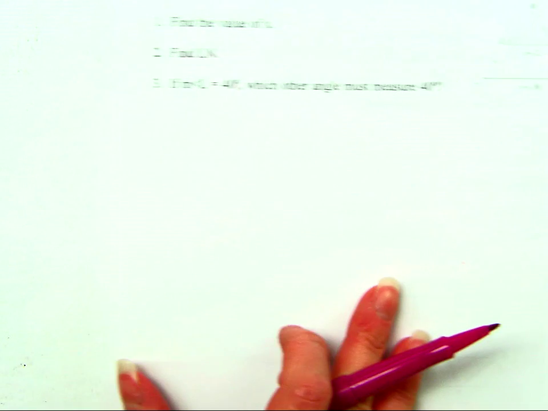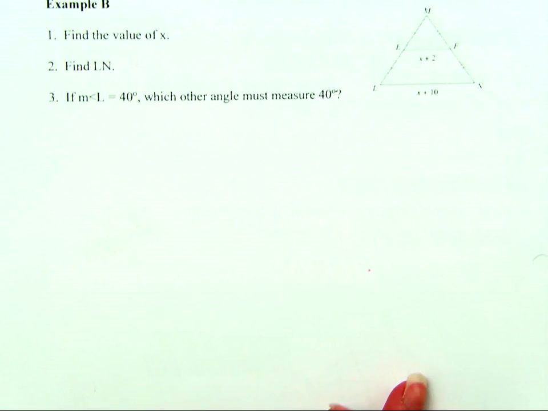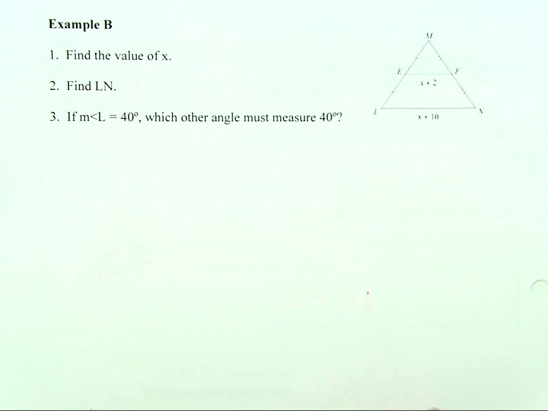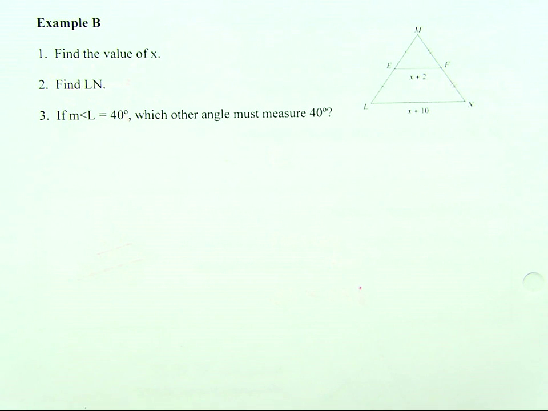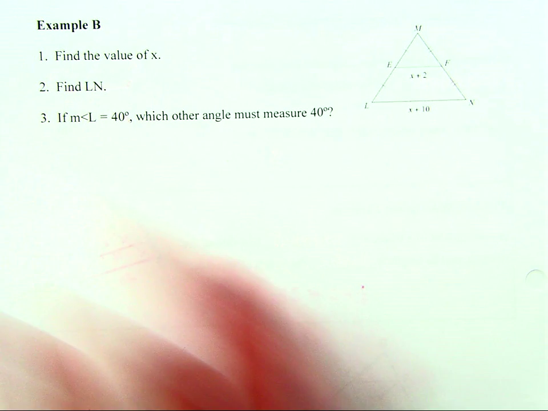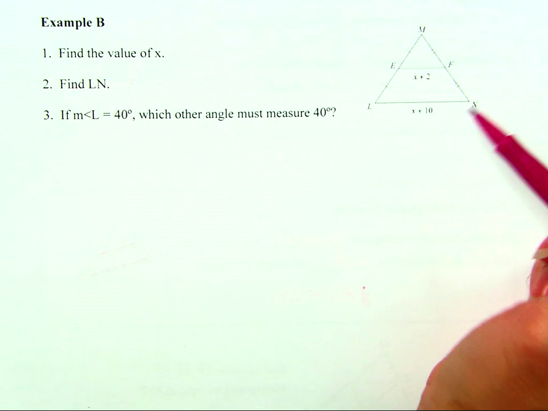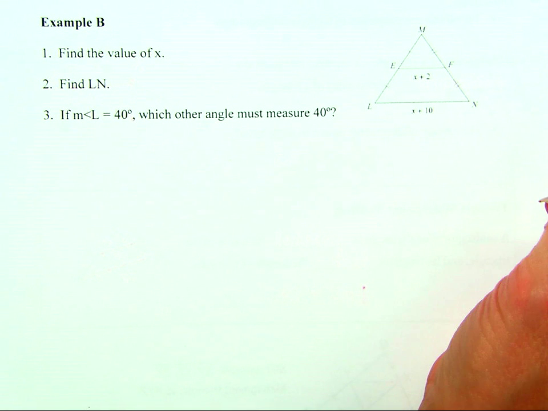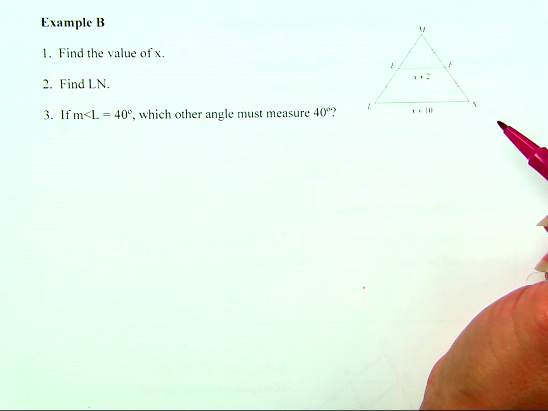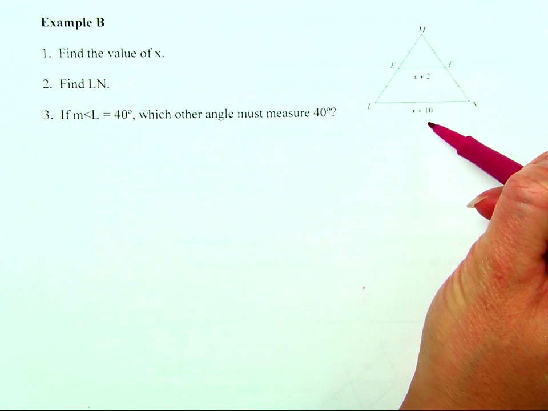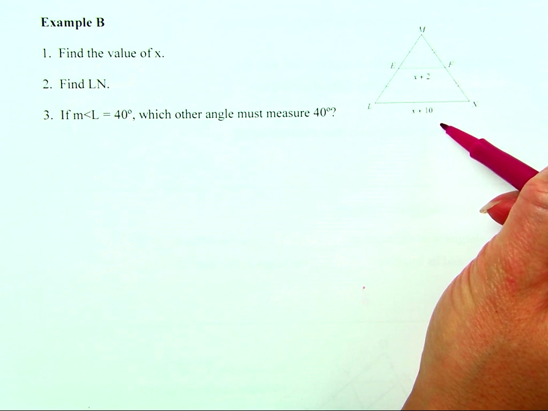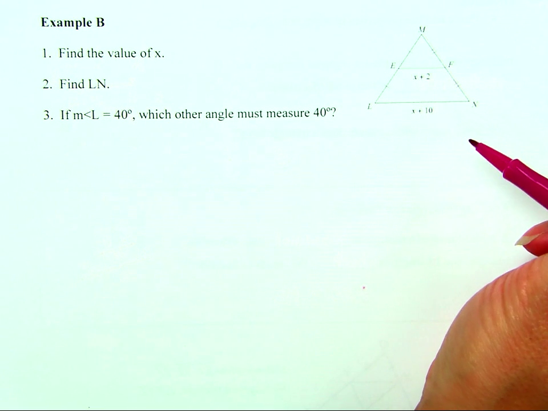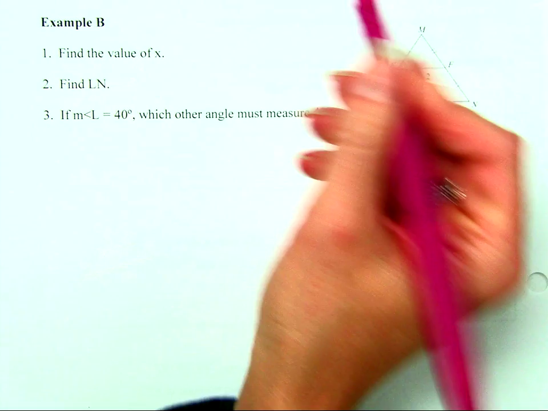Taking a look at example B, they want us to find the value for x. Well, is x plus 10 going to equal x plus 2? No. In fact, we said that the midsegment is half of the base, or the side it's parallel to. You could solve this a couple different ways. I could take half of x plus 10, or I could think about doubling my midsegment, which is the way that I had set it up initially.